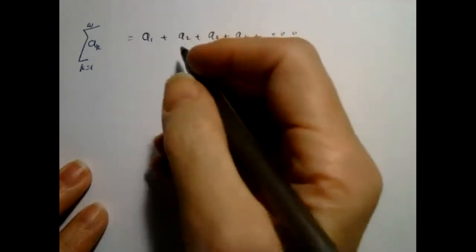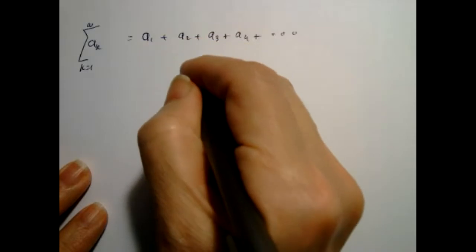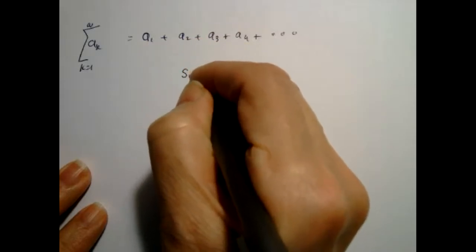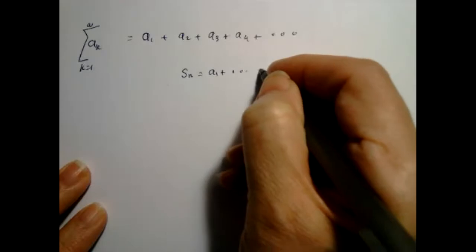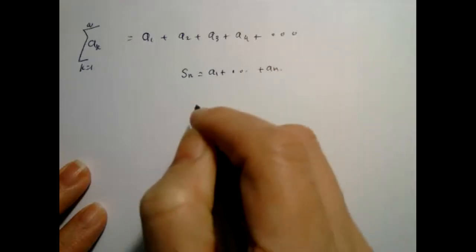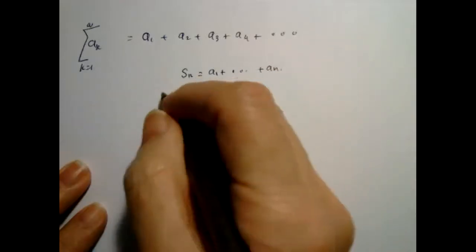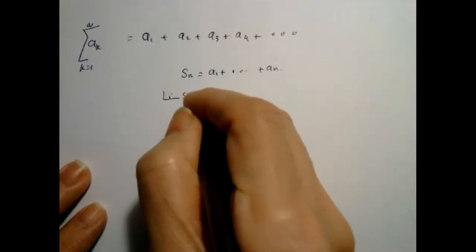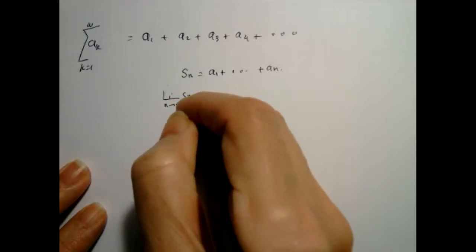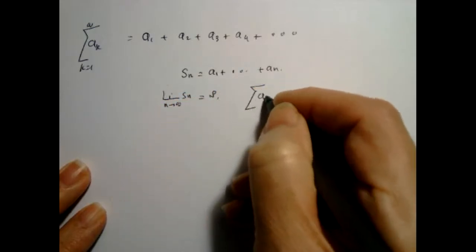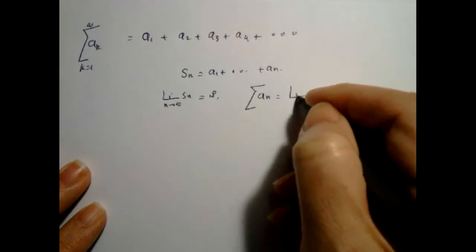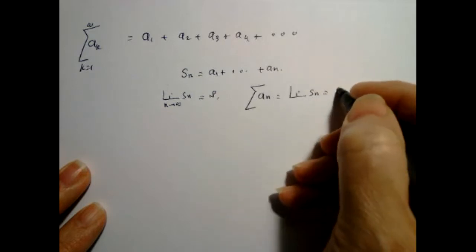The meaning is the following: we associate to every series the sequence of partial sums. So we add the first n terms, and we look at the partial sums. If those partial sums converge to something, then we say that the sigma is the limit of those partial sums.